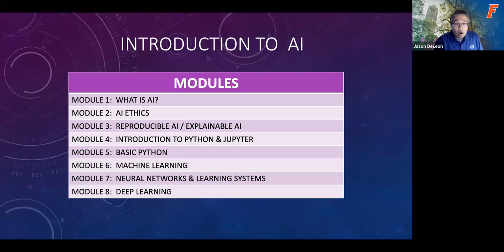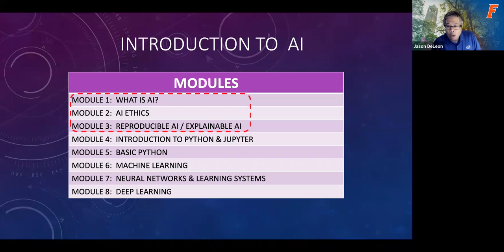So here are the 8 modules that we'll be covering. I'd like to briefly talk about them, but I also wanted to show how these have been organized. Essentially, these are organized and ordered in a specific sequence for the purpose of learning, hopefully most effectively.